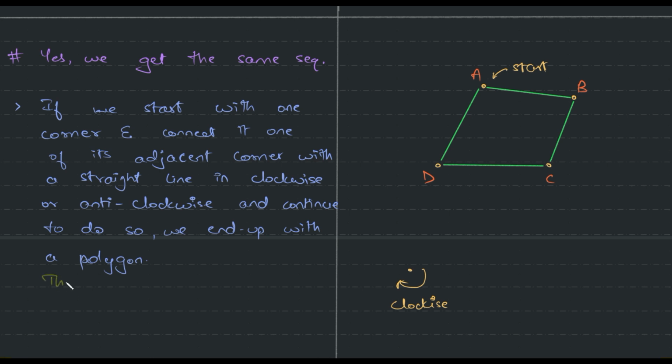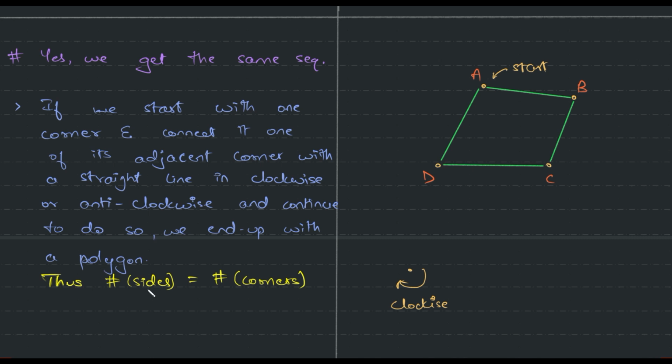So finally we can say that the number of sides will be equal to the number of corners. For every corner, we have one side that we are assigning.